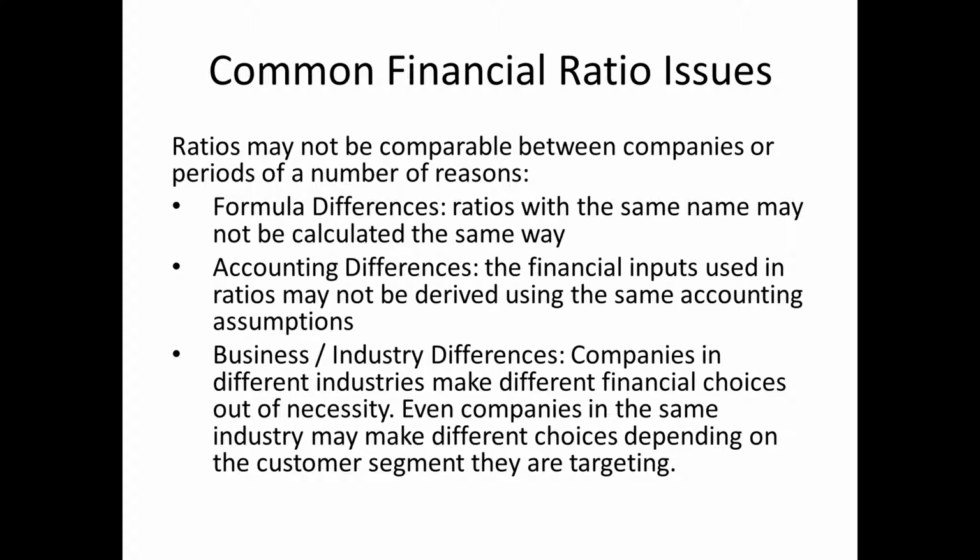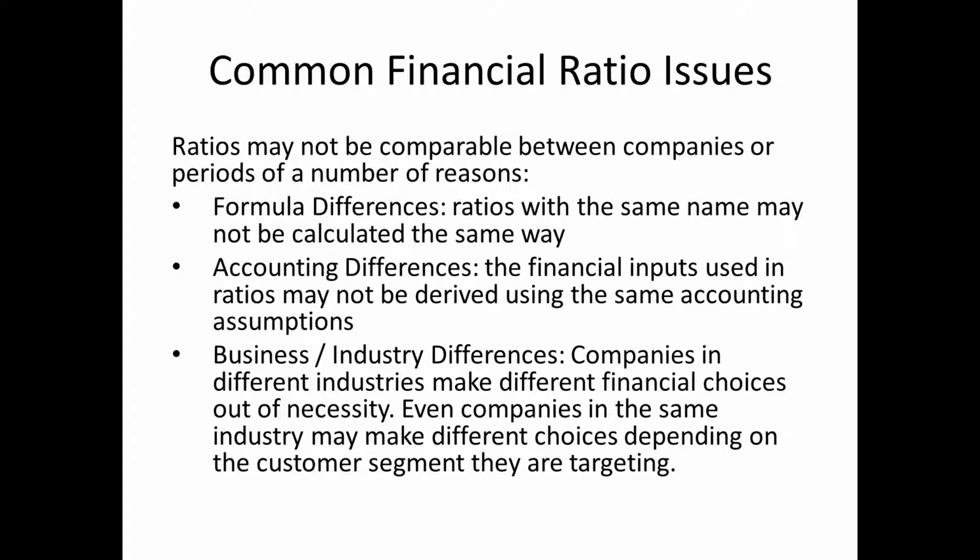And there can be industry differences or even business differences inside of an industry. So with some of the ratios, even though you calculate them the same way, and the accounting's the same, the business is so different or the industry is so different that simply noting that one of them has a higher ratio or the other one has a lower ratio does not immediately conclude that one company's better and the other's worse, or vice versa.